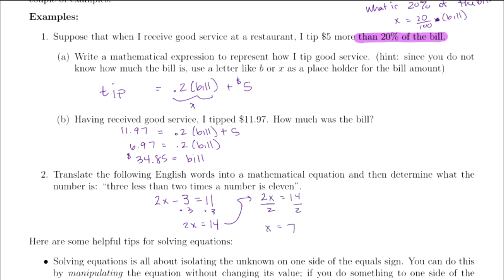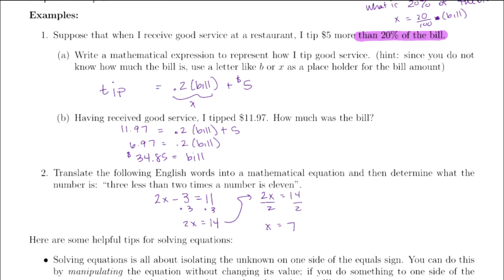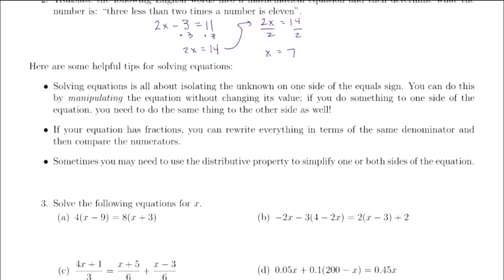Well, okay, so some tips for solving equations. Isolate the unknown on one side of the equal sign. You can do this by manipulating the equation somehow. Sorry, this is not scrolling with me. If you do something on one side, you need to do it on the other side as well.